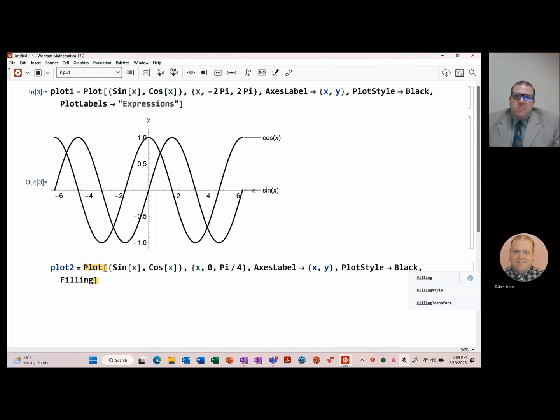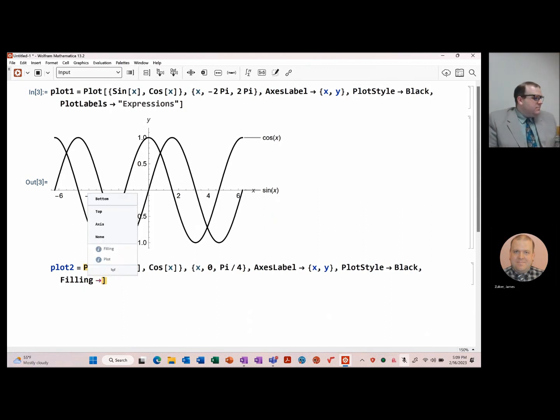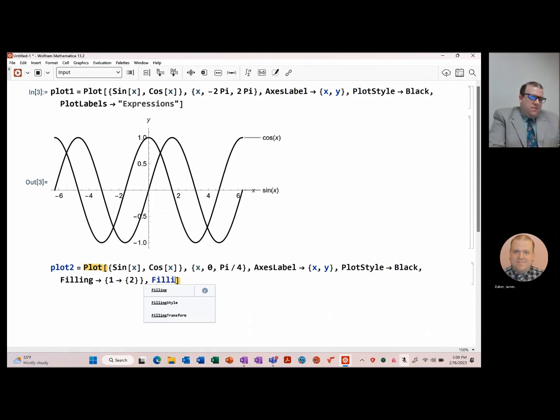And I'm going to fill it. Filling is going to be between the first graph to the second graph. I just have to pick a color.